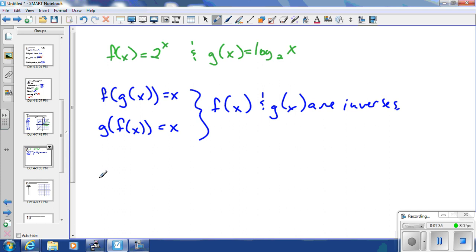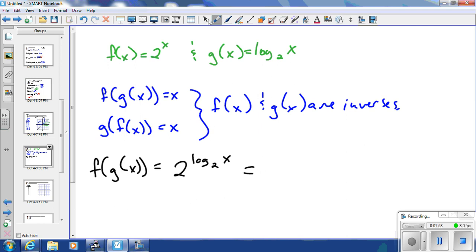So the first thing I'm going to do is let's evaluate f of g of x. Well, that means I'm going to take log base 2 of x and I'm going to put it up here. So I'm going to take 2 to the power of log base 2 of x. What does this equal?